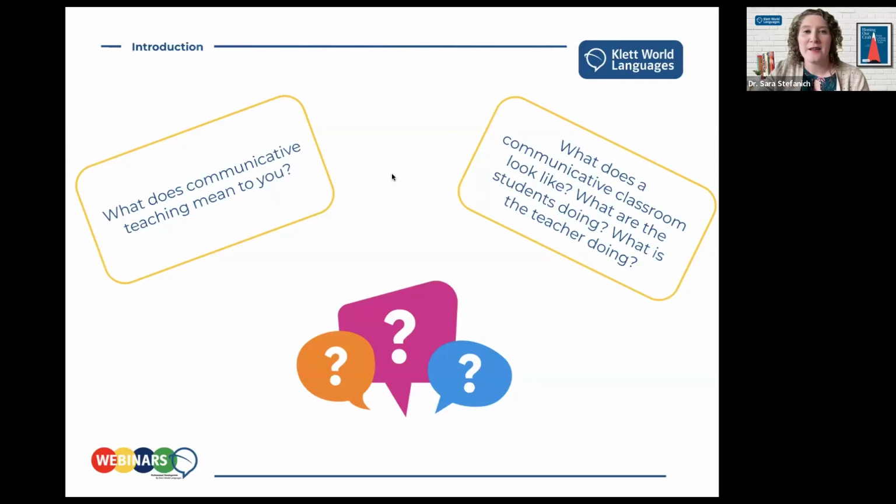Wonderful, I like it. We've got a lot of students using the target language, interpersonal communication, different modes of communication. Like the class is a communicative event itself. Language being used to share a message. Students' interests are important, right? The teacher's walking around, students are engaged, they're doing different activities, they're sharing ideas, opinions, experiences.